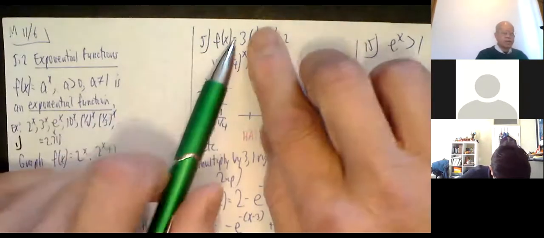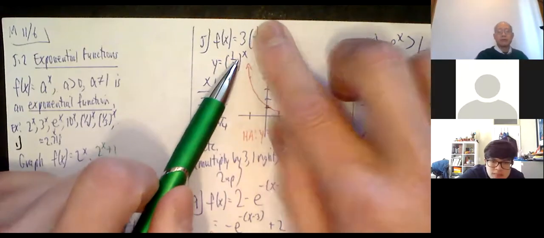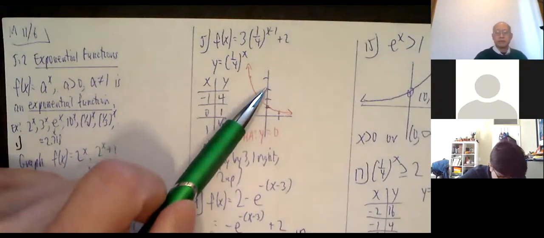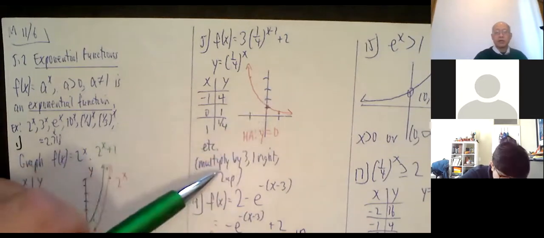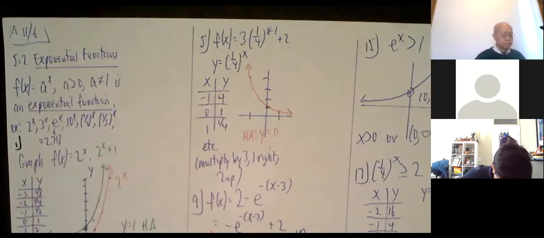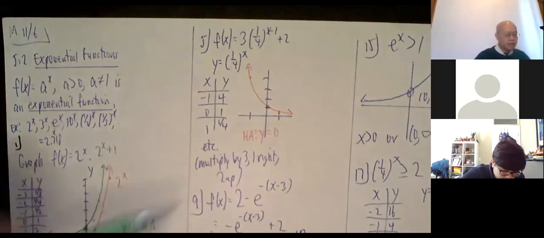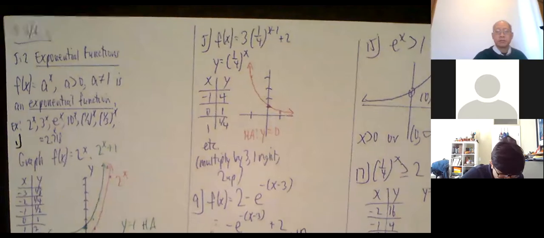If you just think of 3 times 1/4 to the x, it'd be 3 times 1, which is 3. That's up here. Then move 1 to the right and then 2 up. So we've seen that theme before. You should be comfortable with that kind of stuff if I give it to you on the test.